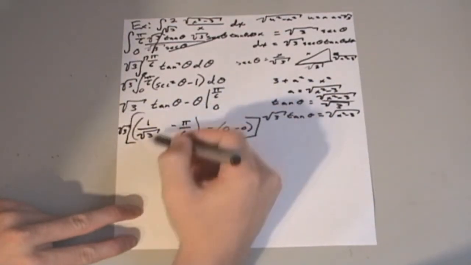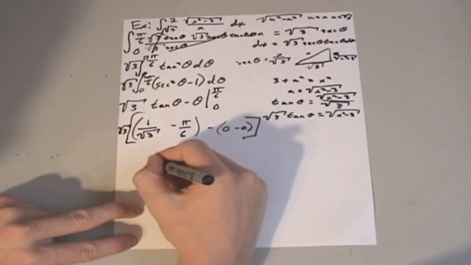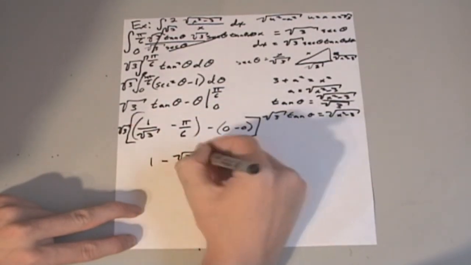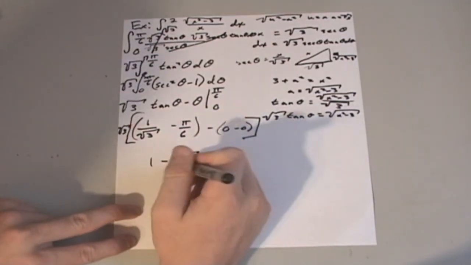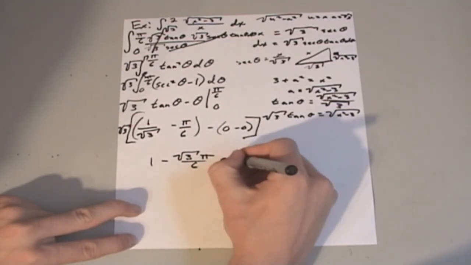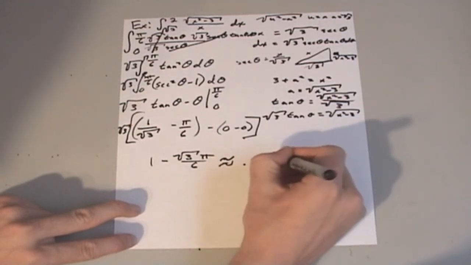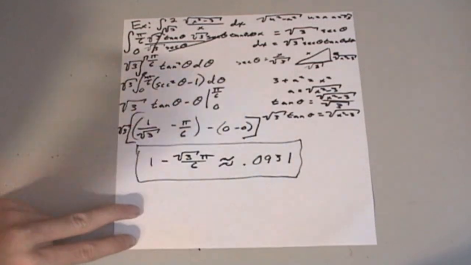Now we can simplify. In this case, we're going to get 1 minus square root of 3 pi over 6. This is as far as we can simplify it rationally, or the decimal is approximately 0.0931. That's your answer for this trig replacement integral.